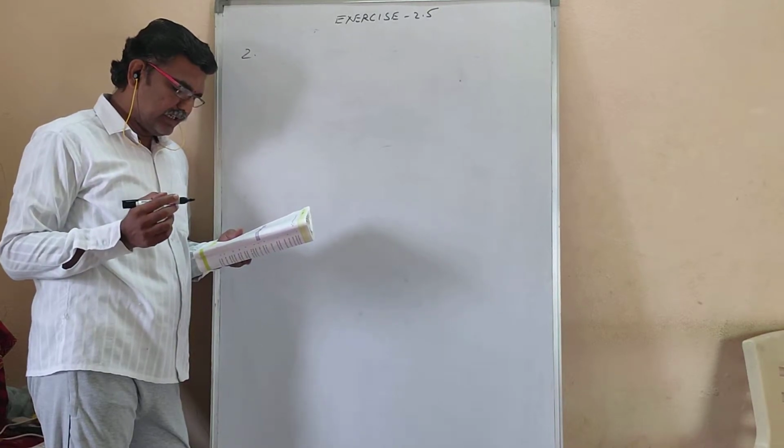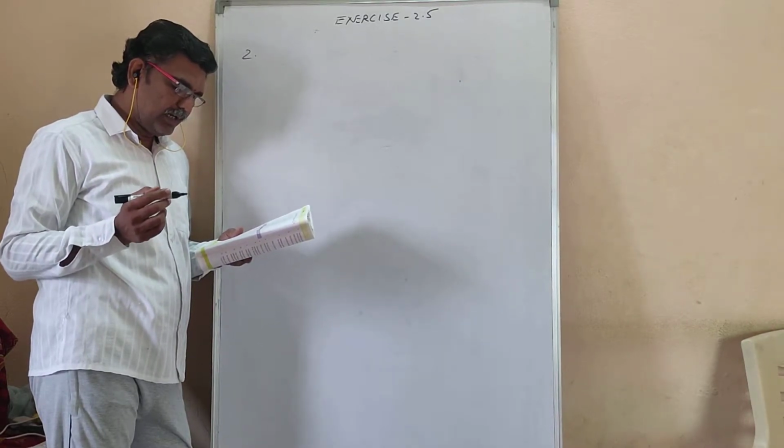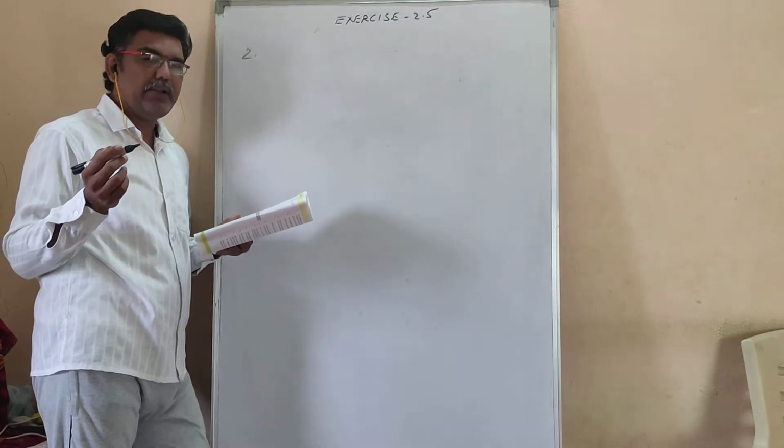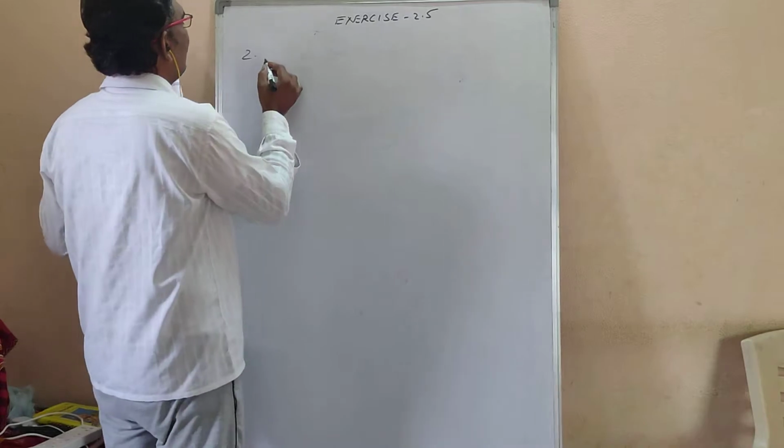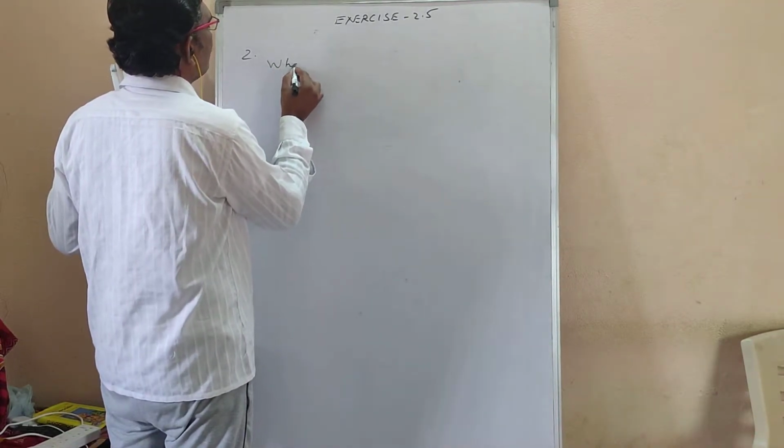What number is that of which the third part exceeds the fifth part by 4? See, you have to understand English very well. So I will write the question here.